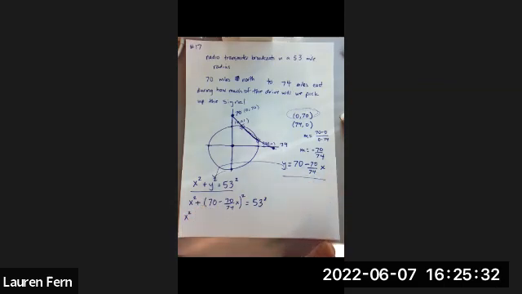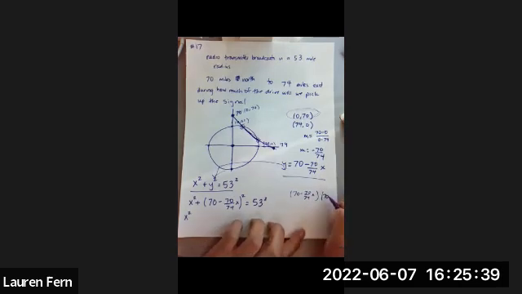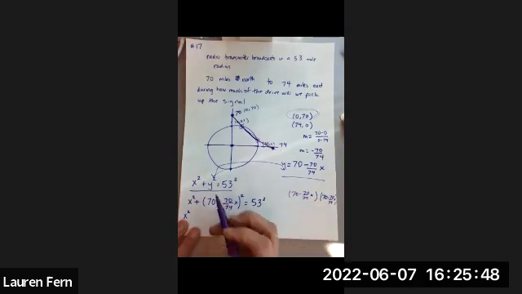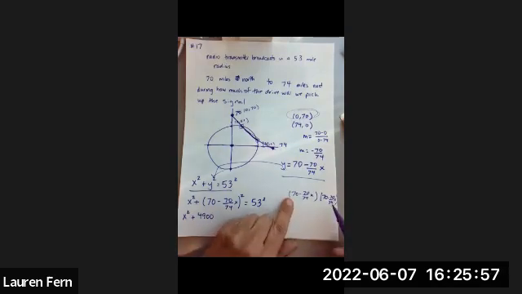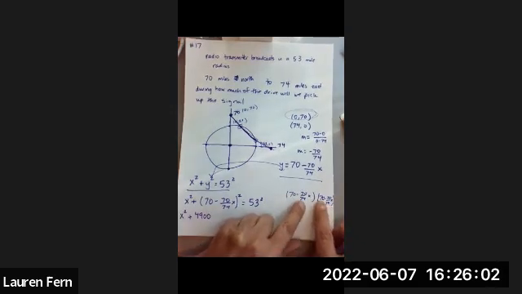I'm going to use the FOIL method. You can just use the distributive property straight up as well. If you multiply your first terms, 70 times 70 is 4,900. Then notice if I do my outside terms and my inside terms, it's going to be the same thing.